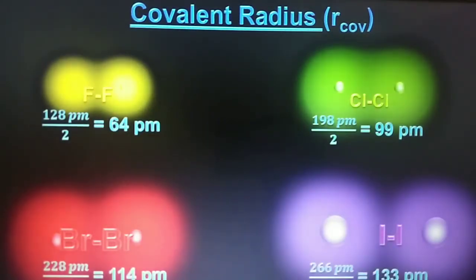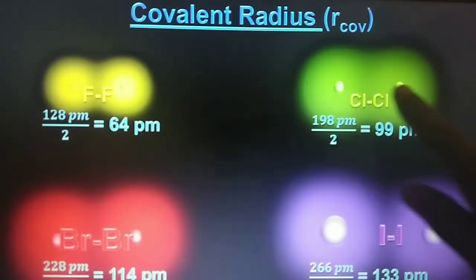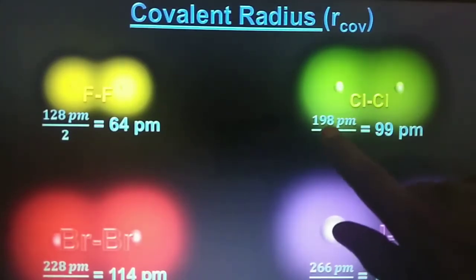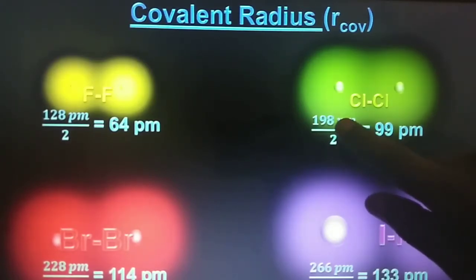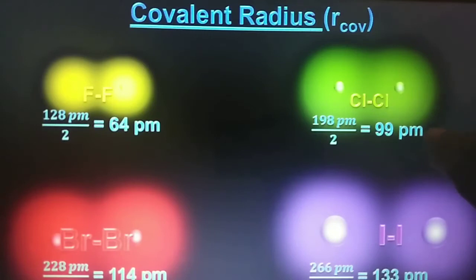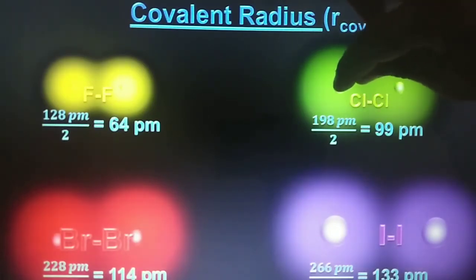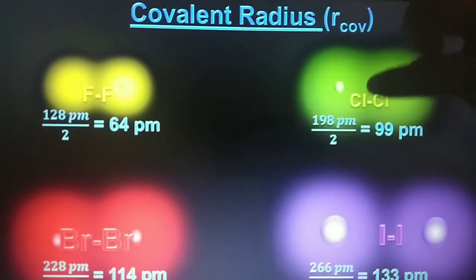So here is the data, for example, in case of chlorine, the distance between the two nuclei is 198, and half of that distance gives this value, 99 picometers, which can be regarded as the approximate size of the chlorine atom, from the nucleus up to the middle part, right?